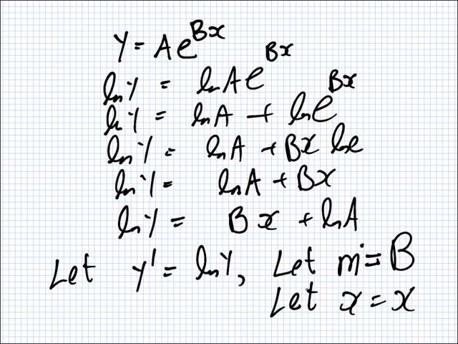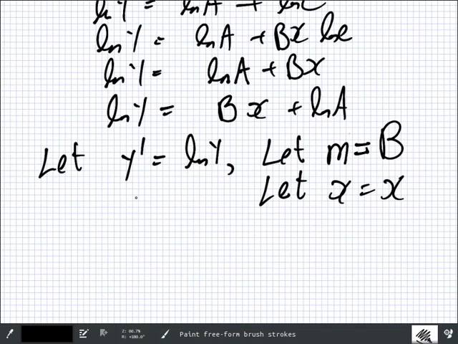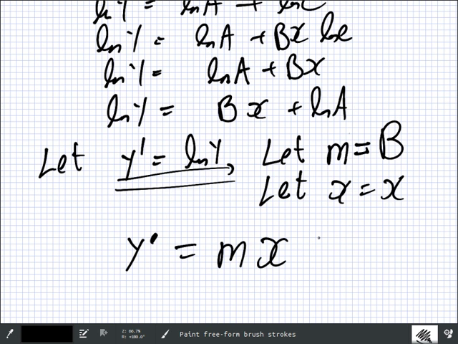If you use these substitutions, log y I would just write as y dash, because I said call y dash log y. b I'm now calling m. x I keep calling x. And let log A be called c dash. So this would be c dash.